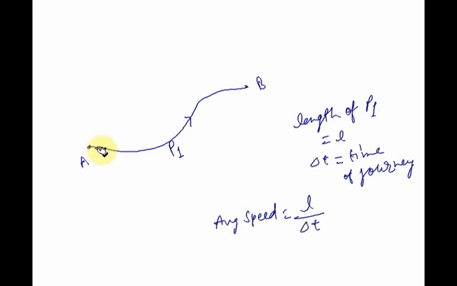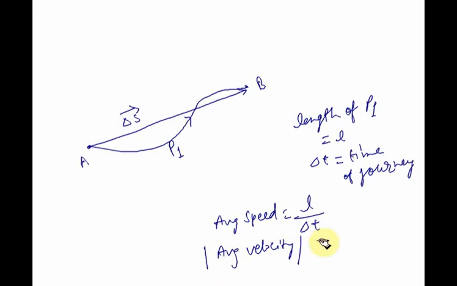So the displacement between A and B would be a vector from point A to point B. This is delta s vector, which is displacement, and the magnitude of average velocity would be the length of this straight line, which let's say is L1, by total time of journey, that is delta t. So the magnitude of average velocity would be L1 by delta t.